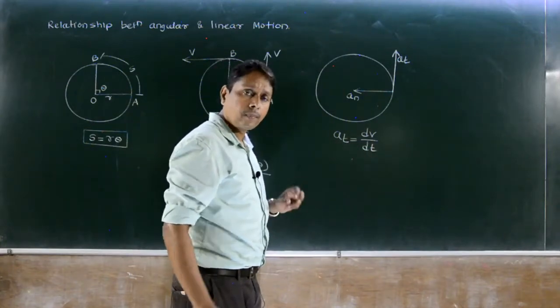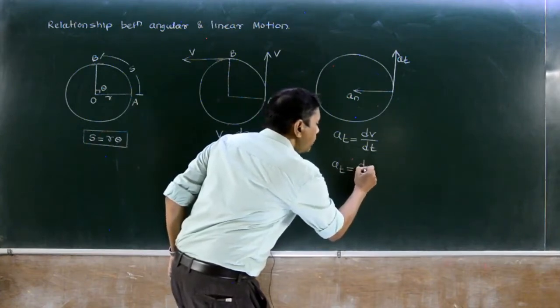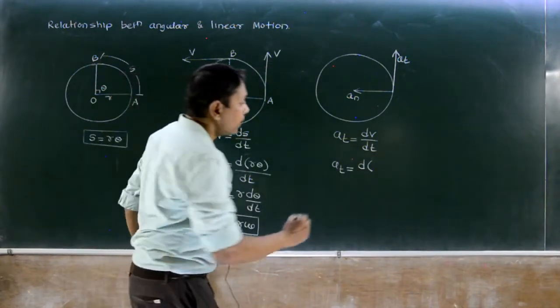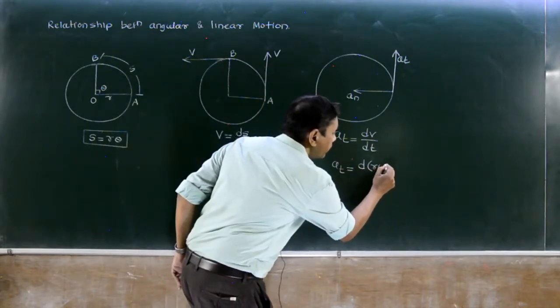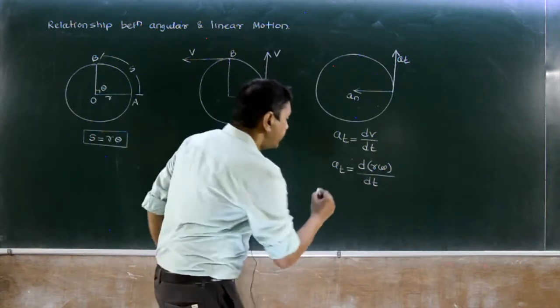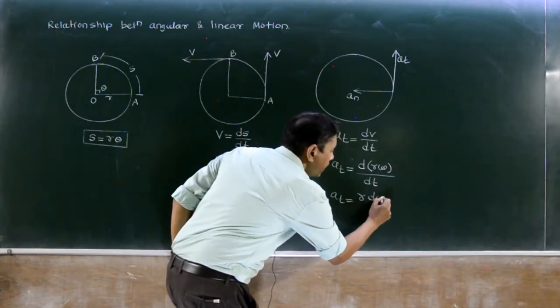And since v is r omega, a_t is r d omega by dt.